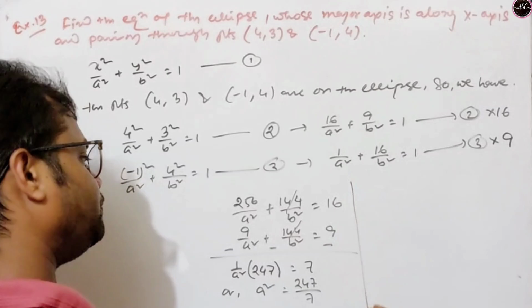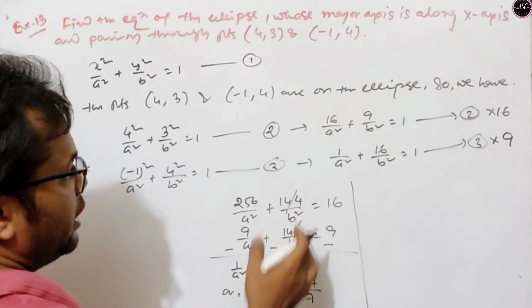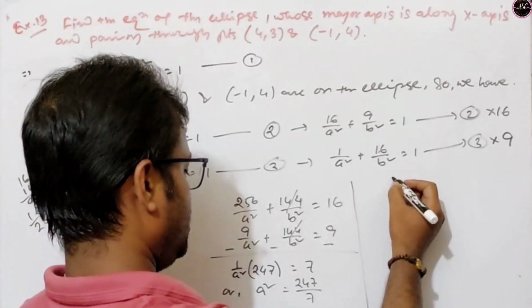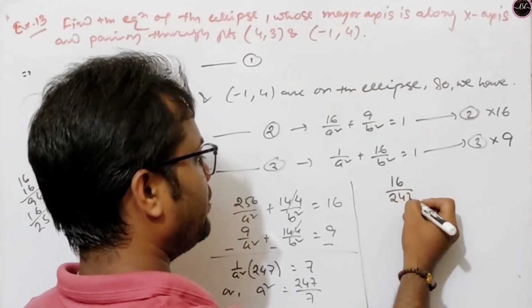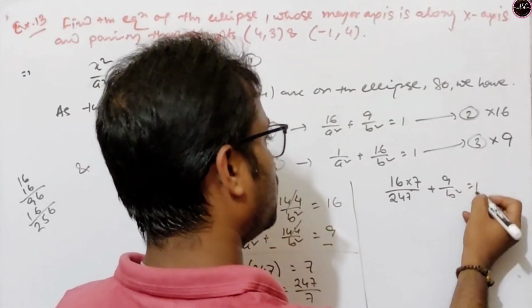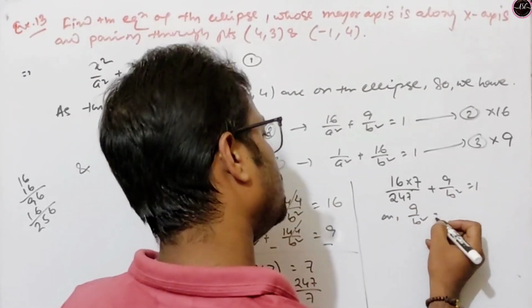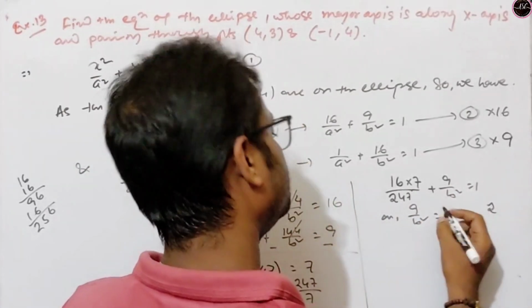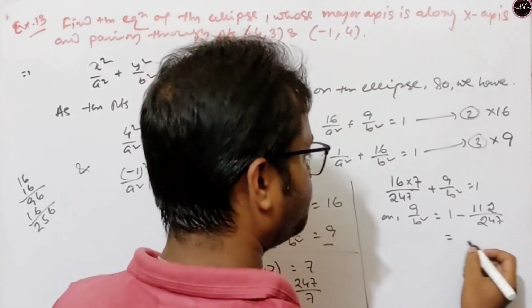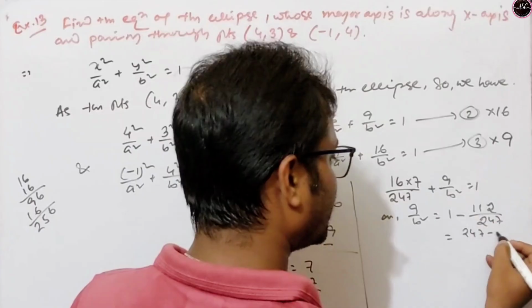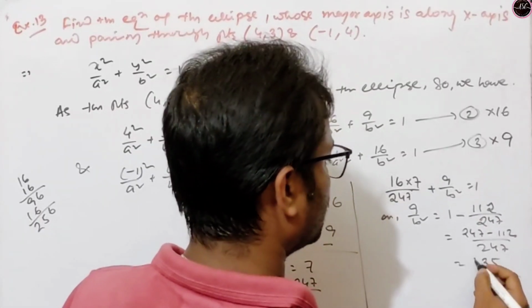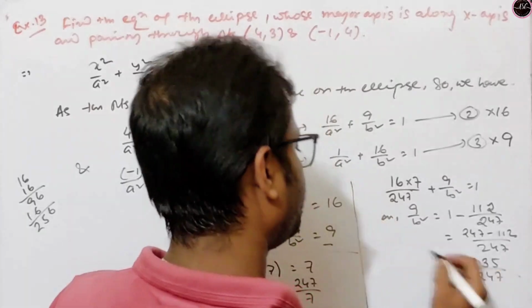Okay, and just put the value of a square in equation 2. So we have 16 divided by 247 into 7 plus 9 by b square equal to 1, or 9 by b square equal to 1 minus 112 divided by 247, that is 247 minus 112 divided by 247, or here we have 135 by 247.